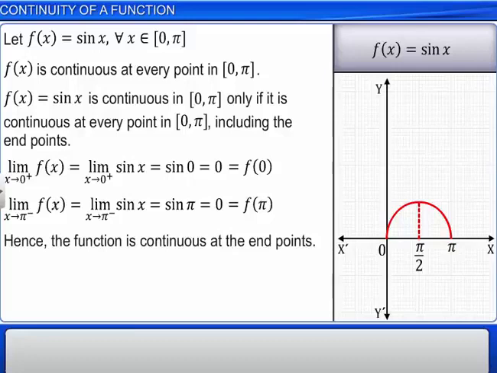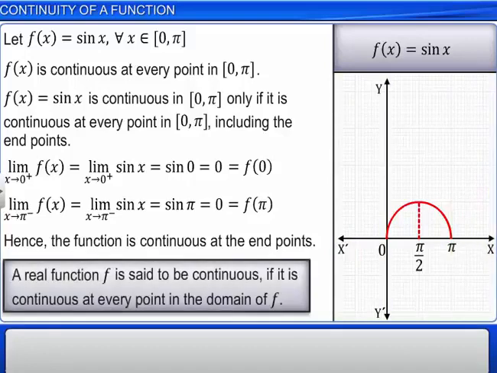Here, we do not need to find the left-hand limit of the function at 0 and the right-hand limit of the function at pi. This is because the points left to 0 and right to pi do not lie in the given domain. Thus, mathematically, a real function f is said to be continuous if it is continuous at every point in the domain of f.